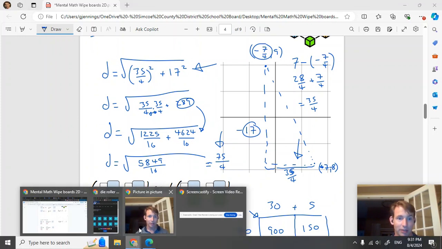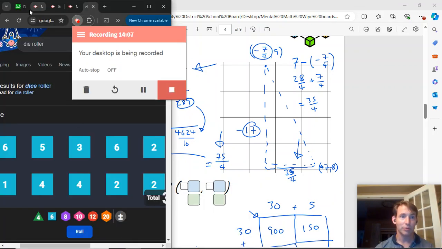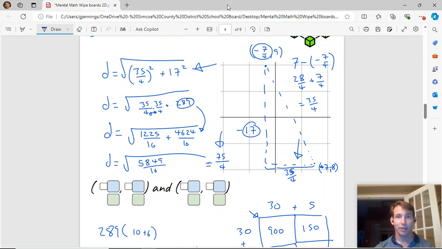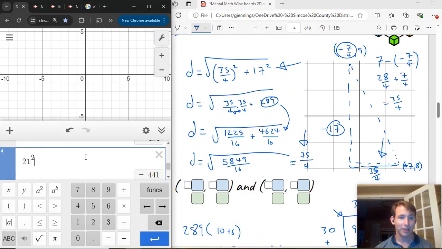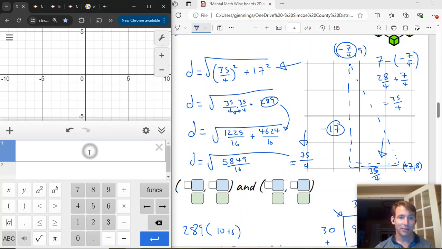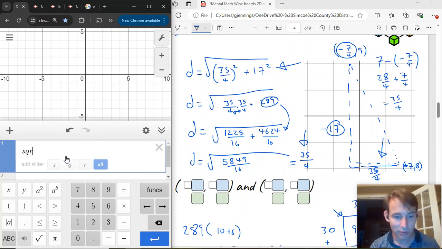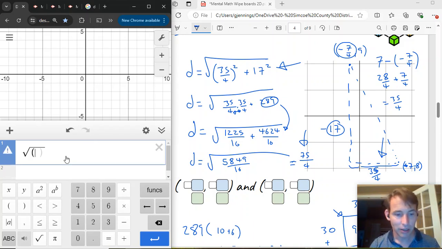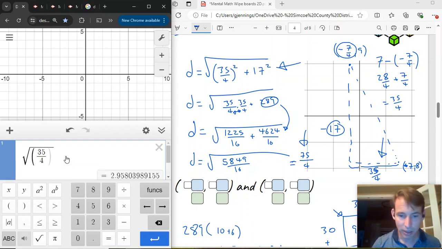All right. So let's go Desmos. Make this smaller. We're going to clear these out. We know these facts. But we're going to check SQRT bracket 35 on 4, end the bracket, square the bracket, plus 17 squared. And we got, yeah, a little bit bigger than 18, I said.